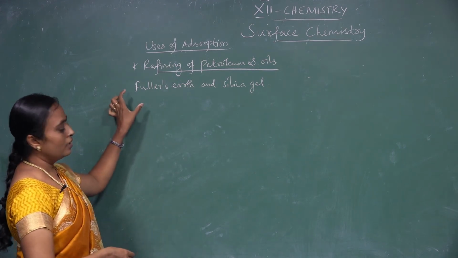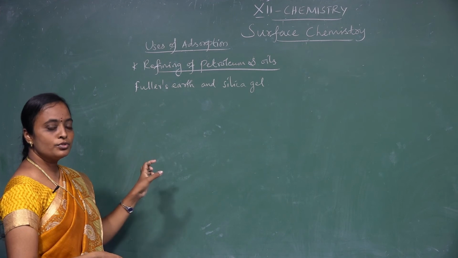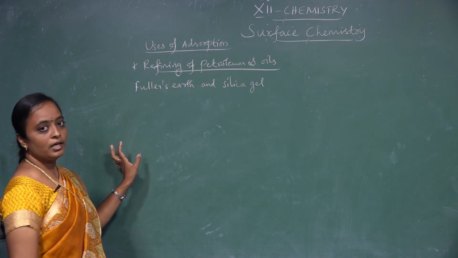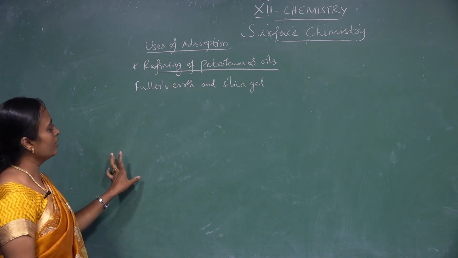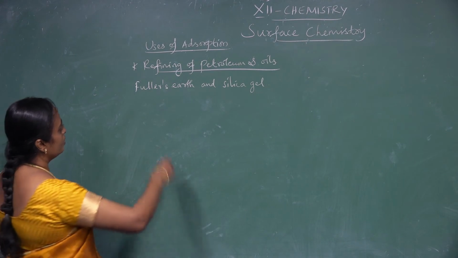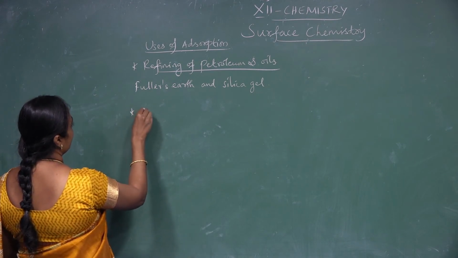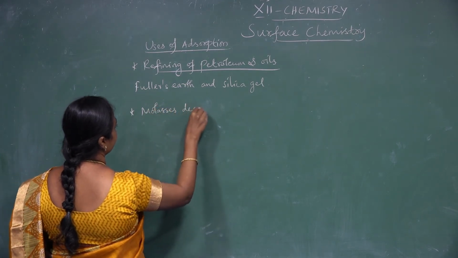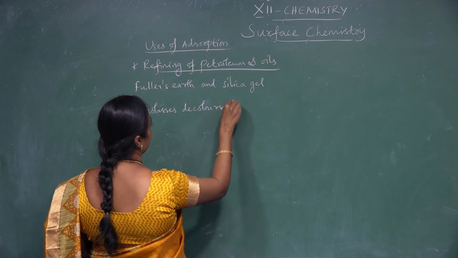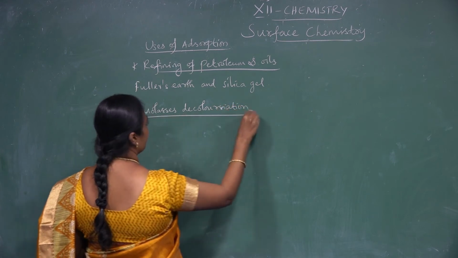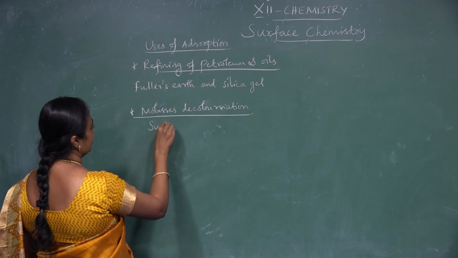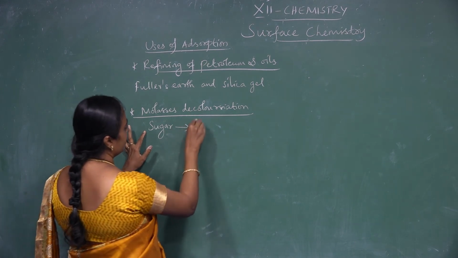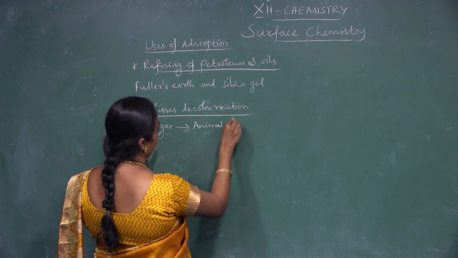And in the same way, next we are going to see molasses decolorization. We know that from molasses we get sugar. That sugar can be decolorized by using animal charcoal.